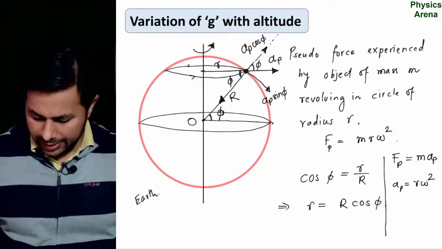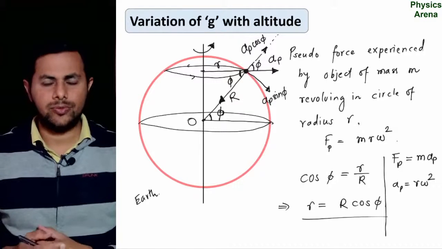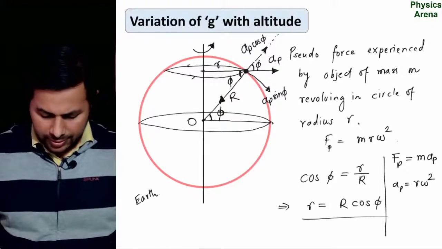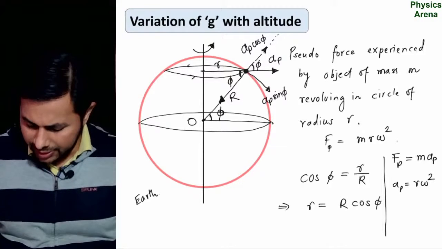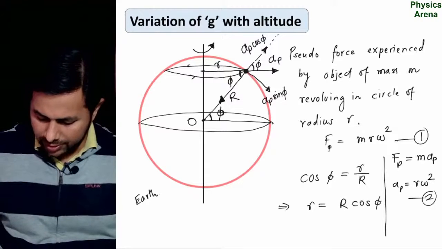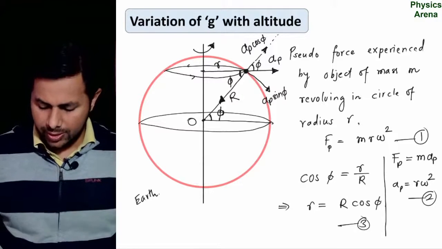If we use r equals capital R cosine phi, then let's call this equation 1, this one equation 2, and this one equation 3.